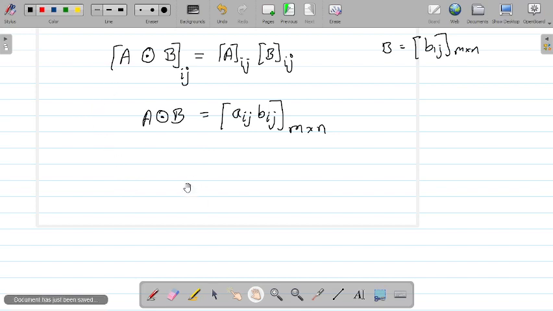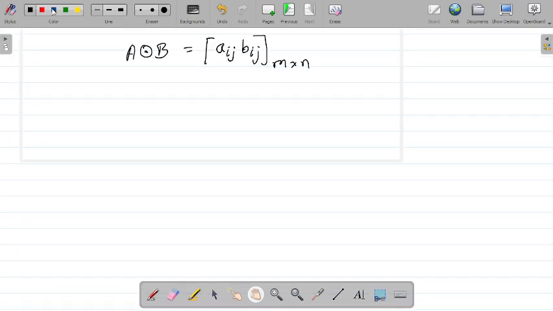Okay, and there is another multiplication which is called the Kronecker product. It looks totally different from the earlier element wise multiplication. I don't know whether you have seen this product or not.